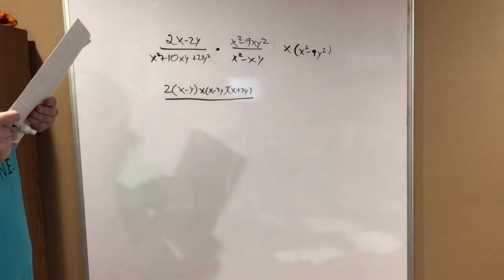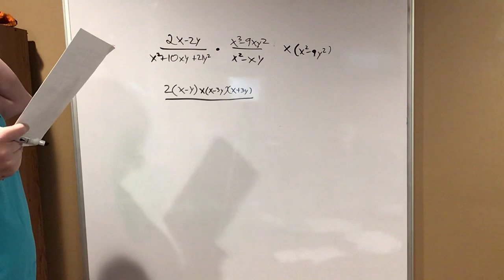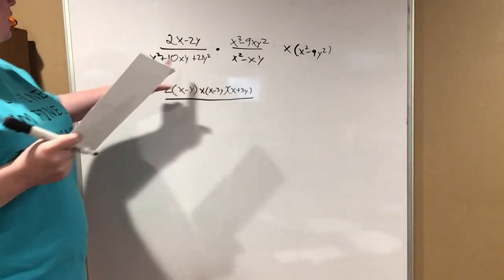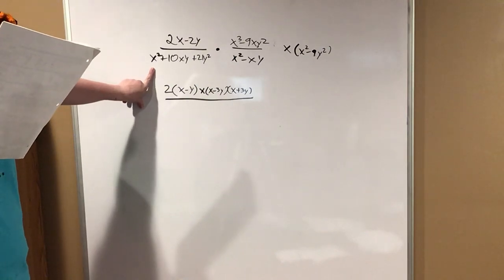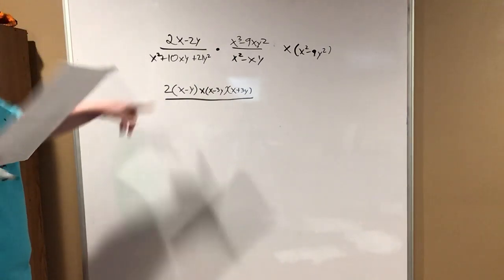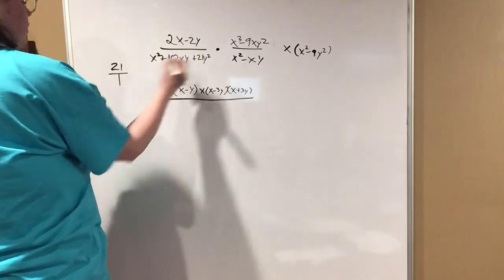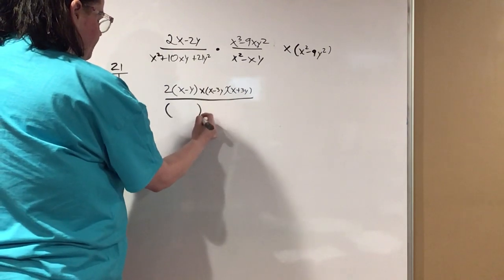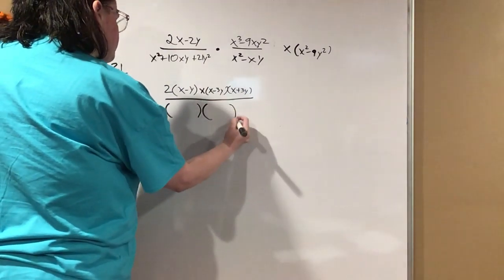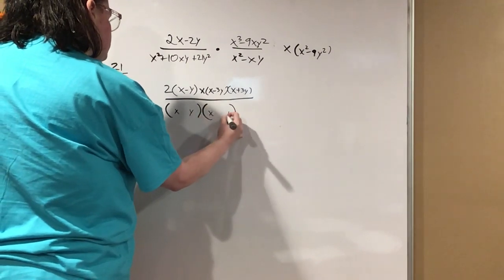Factoring the bottom includes some fun stuff because we have a y squared and an x squared. So what we need to do is find factors of 21. The reason this is a little different: because this has an x and a y, I know in my answer I'm going to have an x and a y. And I like to write them down.